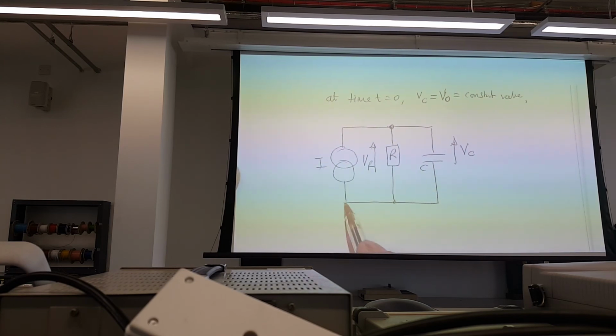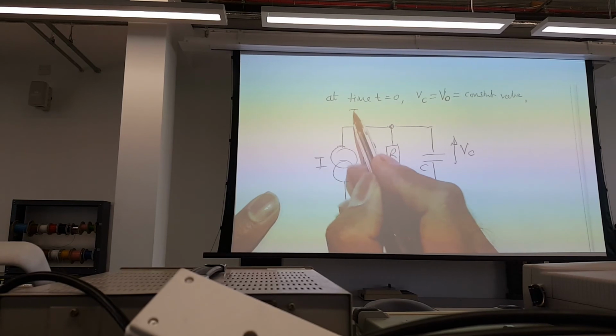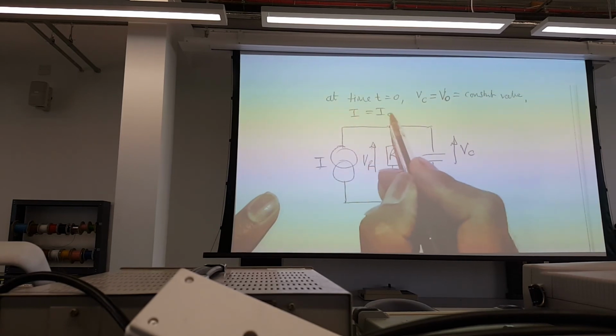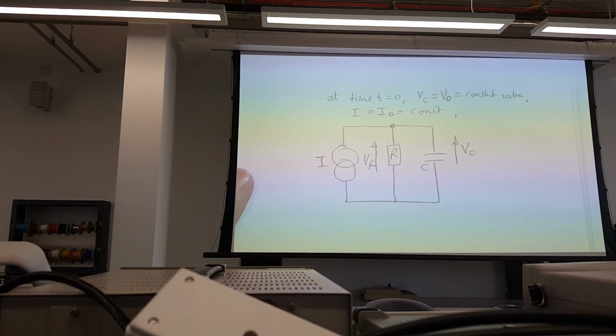What's going on here is that this current I equals I0, a constant, and the question is what does Vc do? I want all the mathematical steps, with all the text in between explaining what you're doing. All the steps.